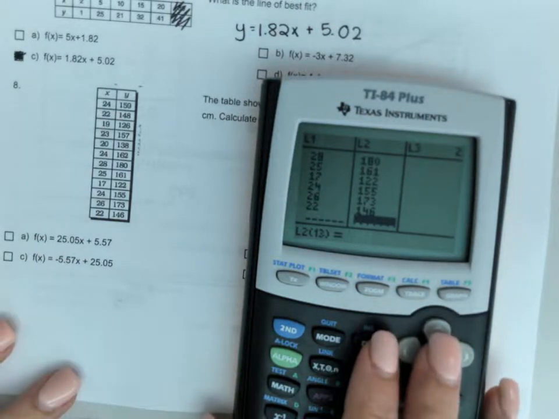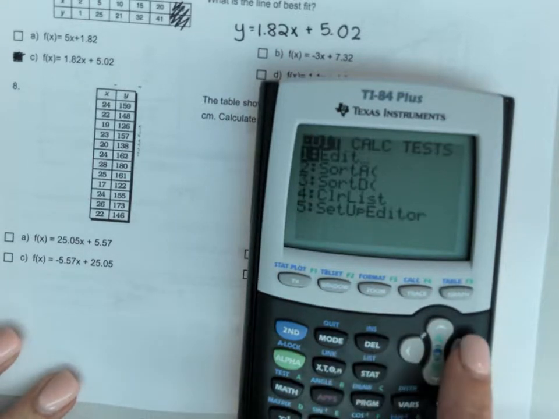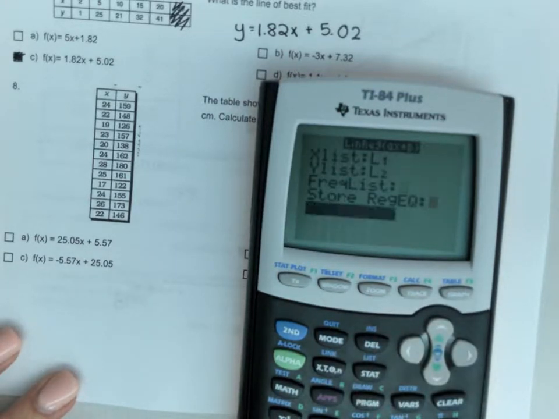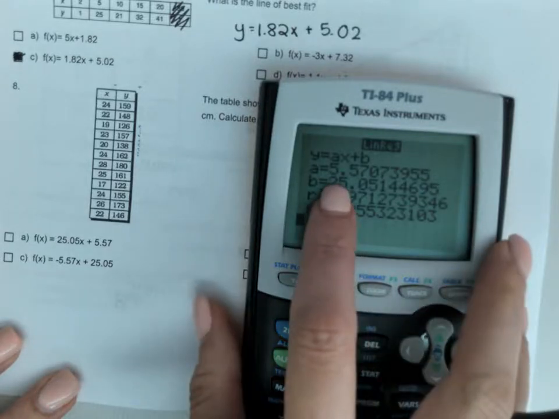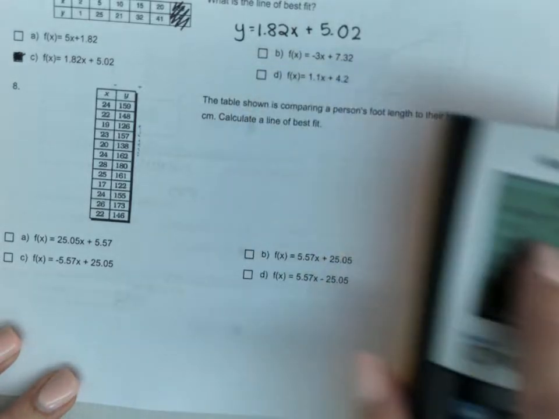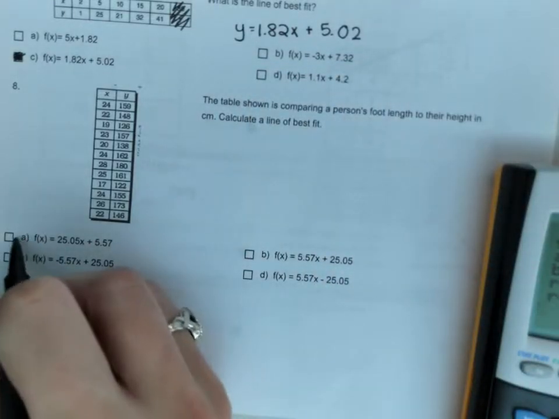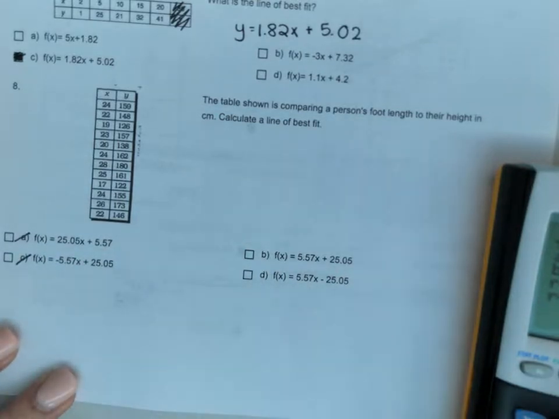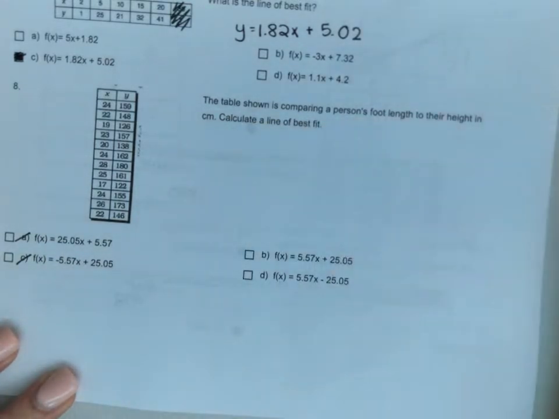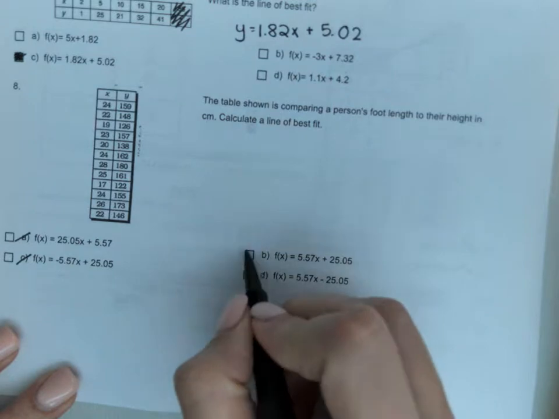So once you have all your data points typed in, stat right 4. So it's 5.57, so it's not A or C. And then the constant is 25.05, and it is a positive.